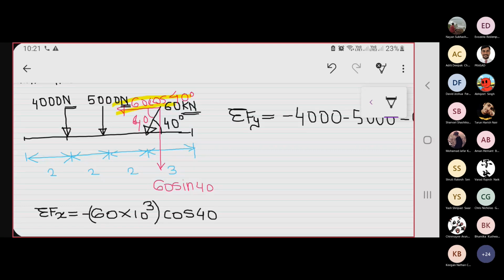Chinmay and Aditi, why your answers are different? Someone is 47,000 and someone is 45,000. It's simple. 60,000 cos 40. Okay, summation fx is correct, 45962. And summation fy, Aditi, you gave. Okay, no problem.